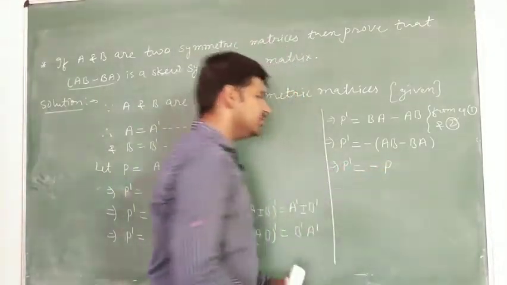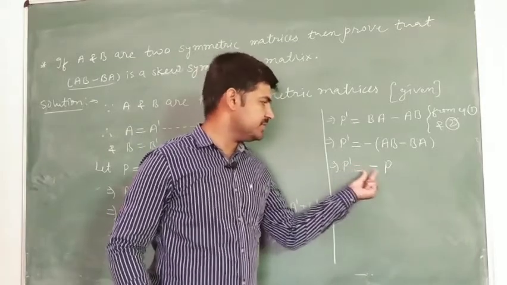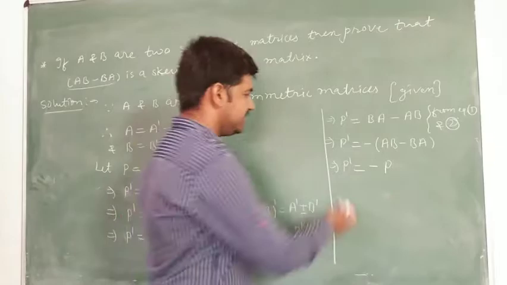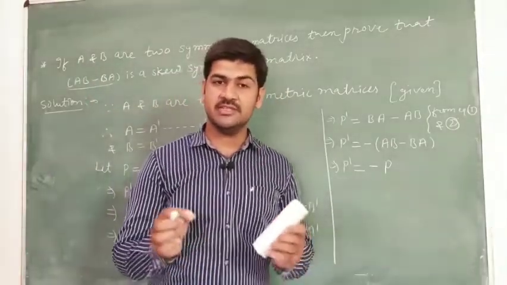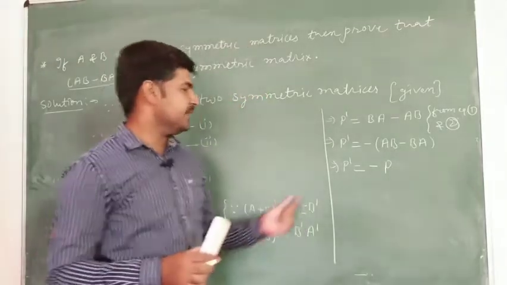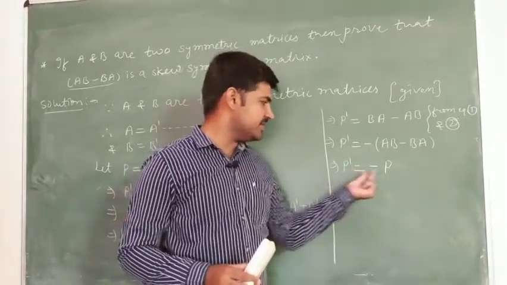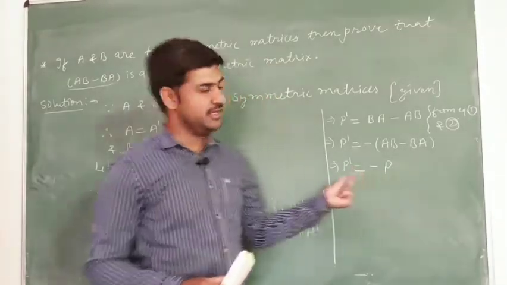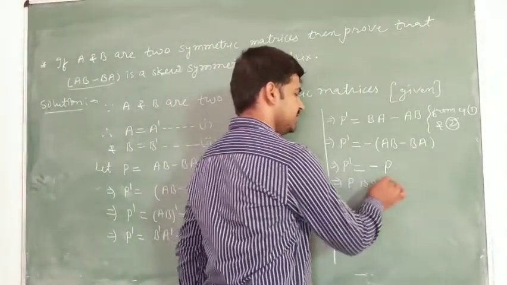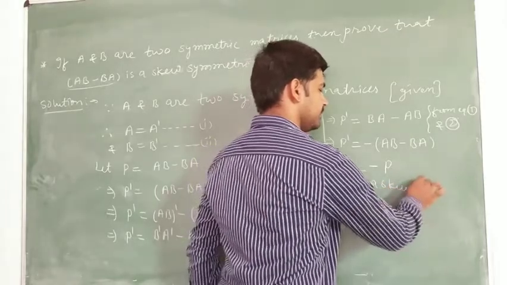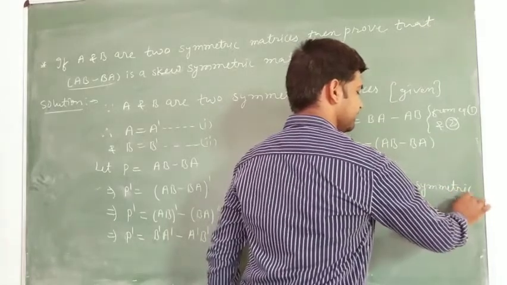So what we have got is transpose of P is equal to minus of P, and by the definition of skew symmetric matrix. What is the definition of skew symmetric matrix? A square matrix A is said to be a skew symmetric matrix if its transpose is equal to the negative of it. Here we have got the transpose of P as the negative of the matrix P, and hence P is a skew symmetric matrix.